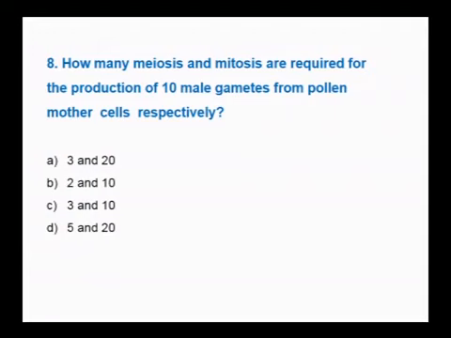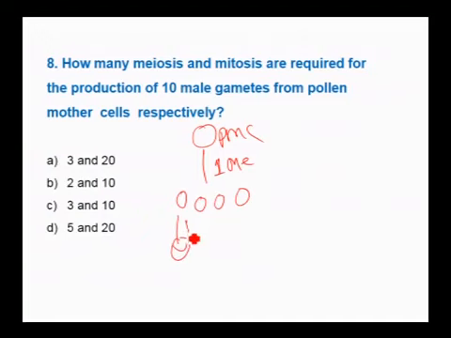Next question. How many meiosis and mitosis are required for the production of 10 male gametes from pollen mother cell respectively? One pollen mother cell undergoes one meiosis to produce 4 microspores. Each microspore undergoes one mitosis to produce a 2-celled pollen grain.